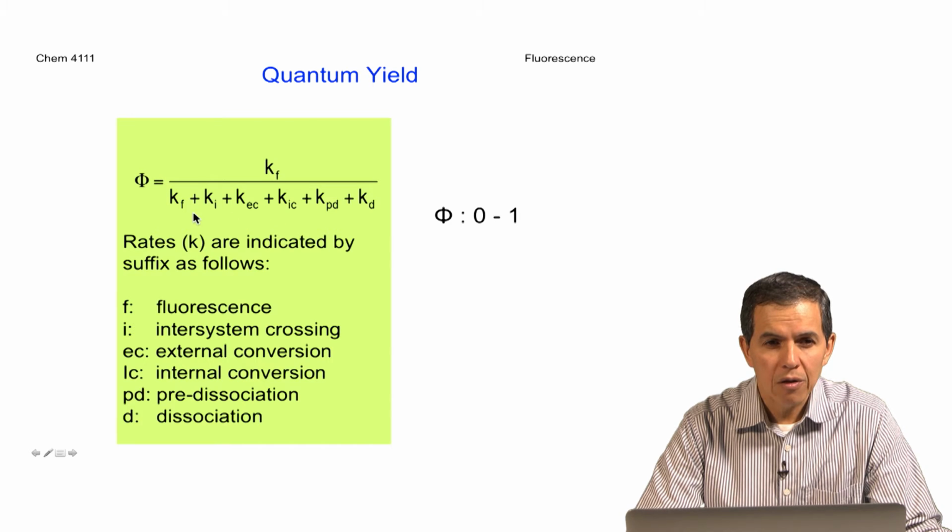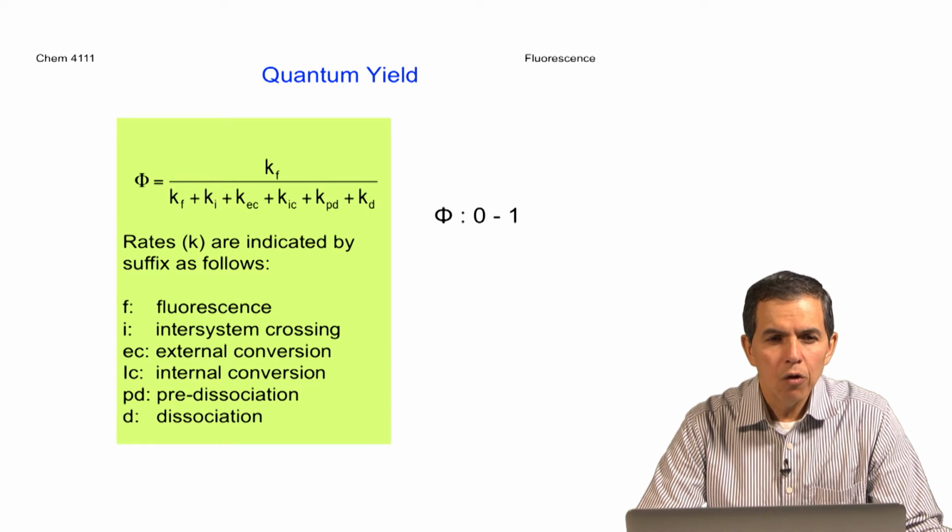So here we have a representation of how fast these processes occur, and this includes fluorescence, intersystem crossing, external conversion, internal conversion, pre-dissociation, and dissociation.